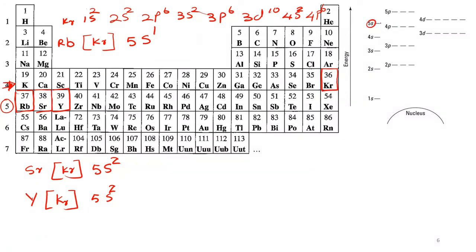What is the next available level? So you're going to have 4d. Before you fill 5p, you can see p up here. So before you fill the 5p, you're going to fill the 4d orbitals.